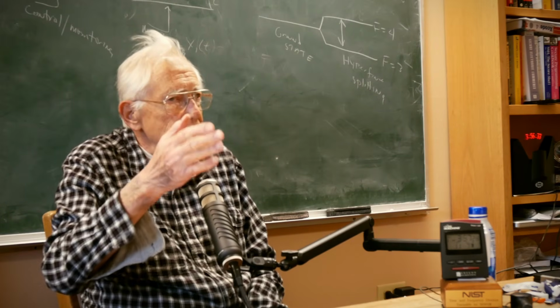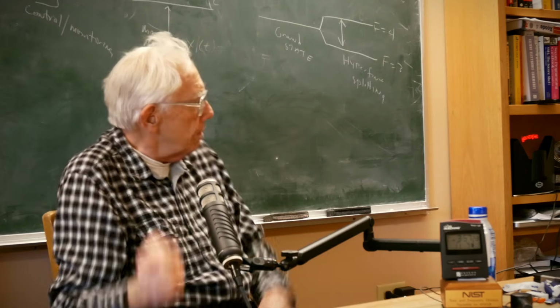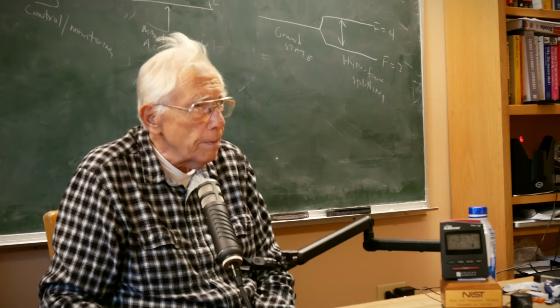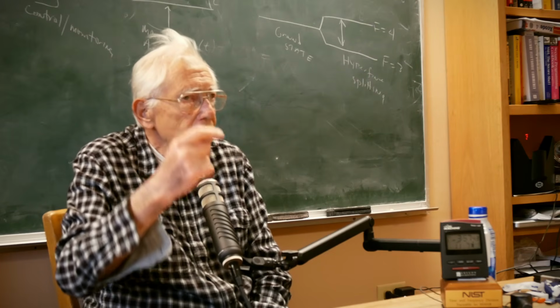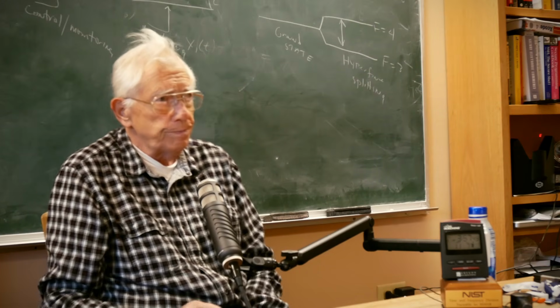But now you have to set it up so that you get the atoms in the bottom state, right? Remember, you have to arrange it so that the atom is in the bottom state, because that's how the clock is going to work. Well, the way you do that is that the bottom state has a unique magnetic property.